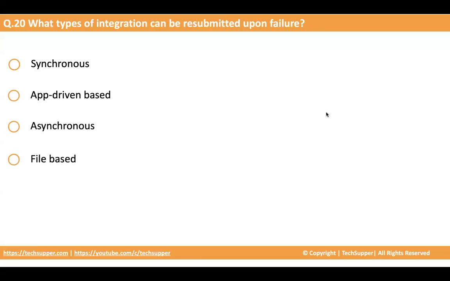Oracle Integration only allows integrations of asynchronous type to be resubmitted. So the correct answer is asynchronous. From your error screens, you can find all the failure messages and you will have an option to resubmit integrations either one by one or in bulk, but all integrations of asynchronous type can be resubmitted, like scheduled integrations, or the REST APIs that you have exposed without any response.